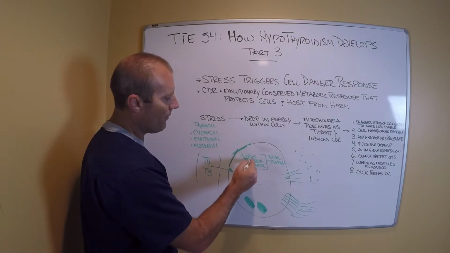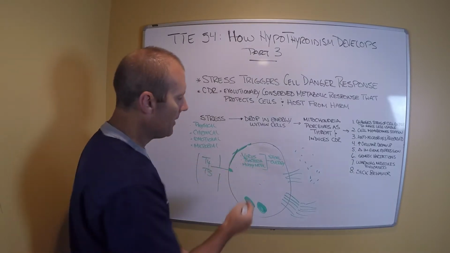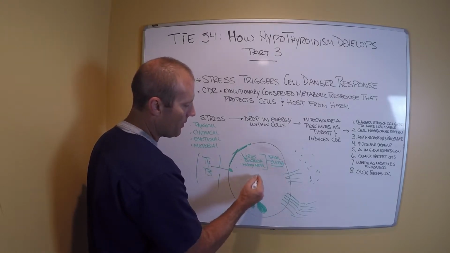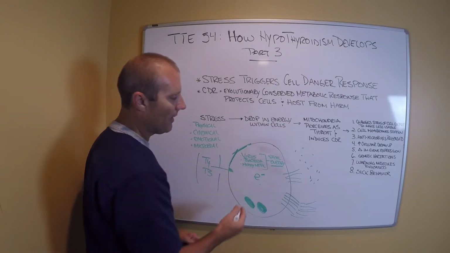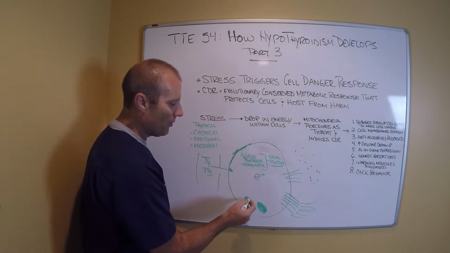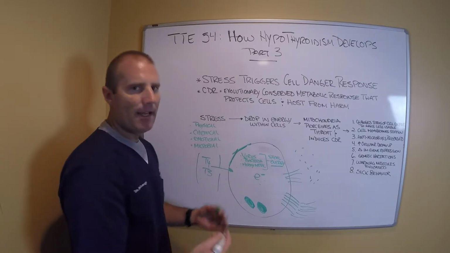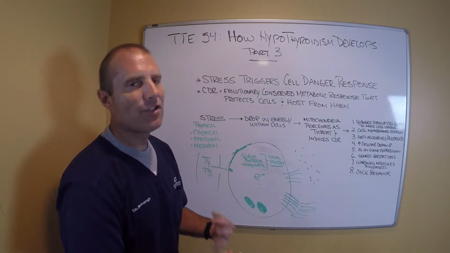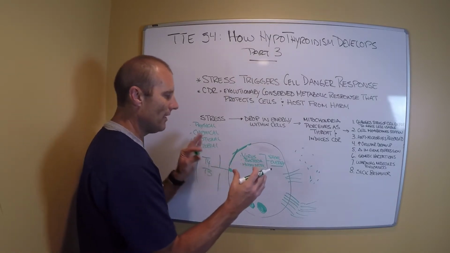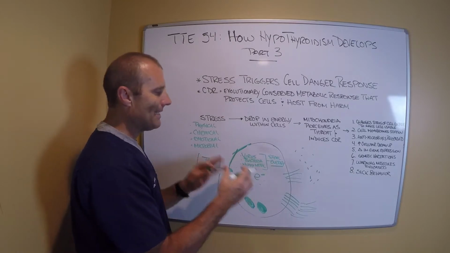And so when you have a virus or a bacteria or a heavy metal enter into the cell, these things utilize energy or steal energy. This causes a drop in electricity or energy within the cell. And once that drop hits a certain level, these mitochondria sense that the energy inside the cell has dropped too far, and there must be some type of threat, infection, virus, toxin inside the cell.